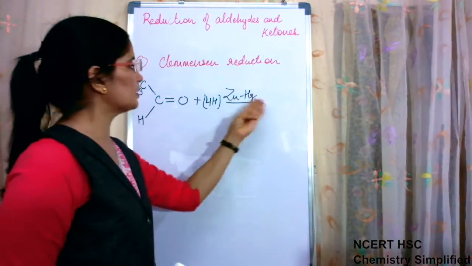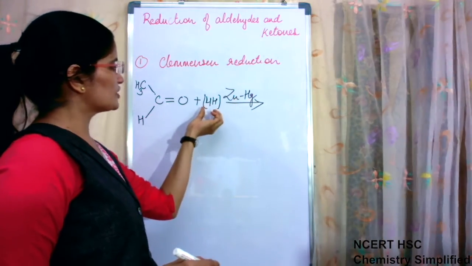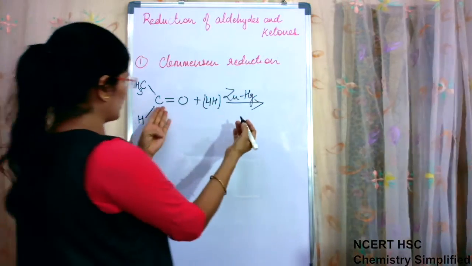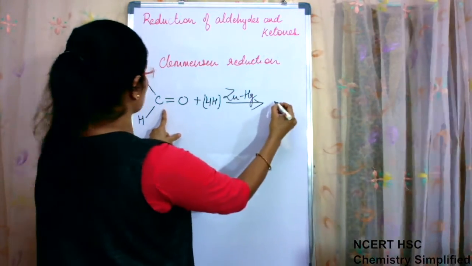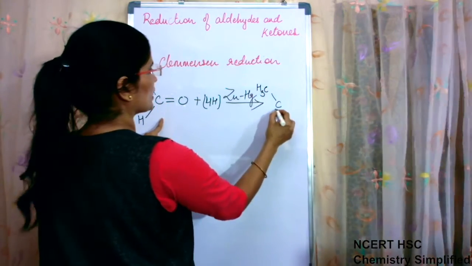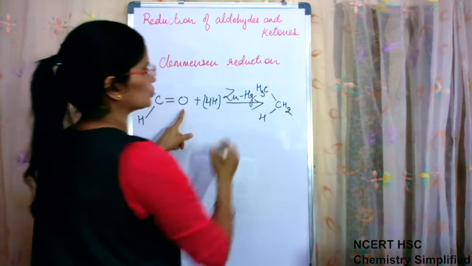So this is zinc amalgam. Here the reducing agent used is zinc amalgam, which gives hydrogens for reduction. So when this reduces the aldehyde, it will be converted into CH3, as it is, H, and this will be converted into H2.